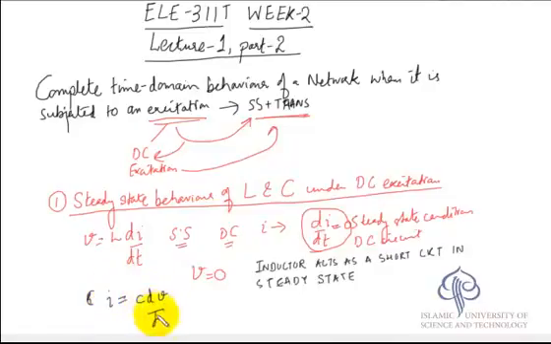is given by this differential equation. Again, if the variables have settled down, the excitation is DC, the conditions are steady state, you expect dV by dt to be zero.